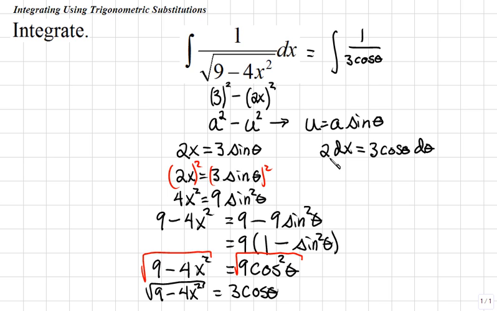Since we have dx, not 2dx, we'll also choose to divide through by 2 for the substitution. So dx is equal to 3 halves cosine theta d theta. So dx in our problem will become times 3 halves cosine theta d theta.